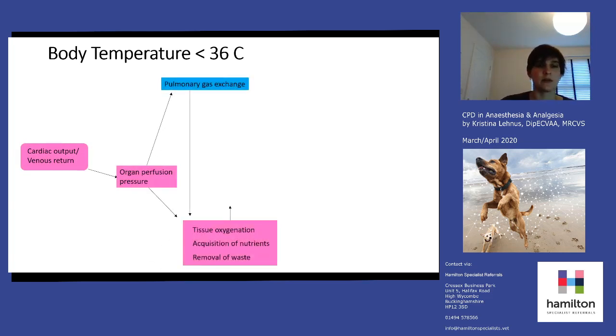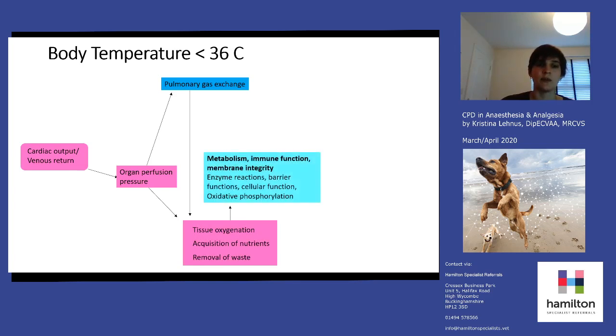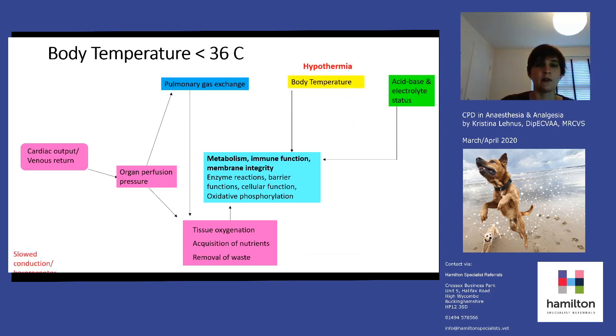So to recap them again, we go from cardiac output, organ perfusion to the lungs, which then affects tissue oxygenation and waste removal and therefore the cells. Body temperature and acid-base are influences on this. So if you have hypothermia, you slow your conduction in cells, particularly in nervous cells, which will result in bradyarrhythmias, which reduces cardiac output, which reduces organ perfusion, but there's also increased blood viscosity.